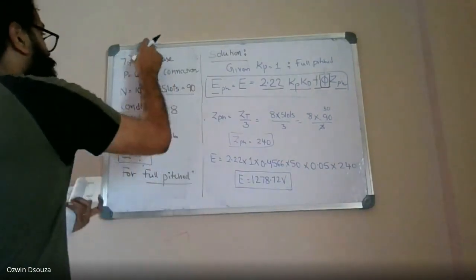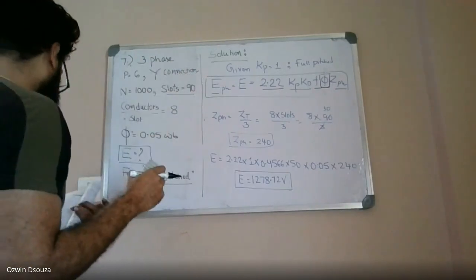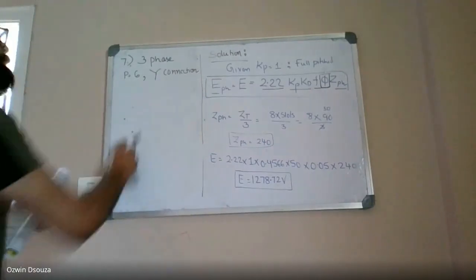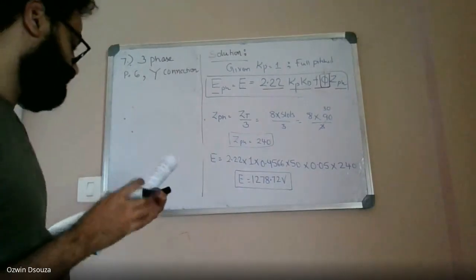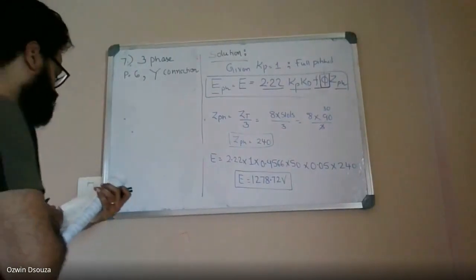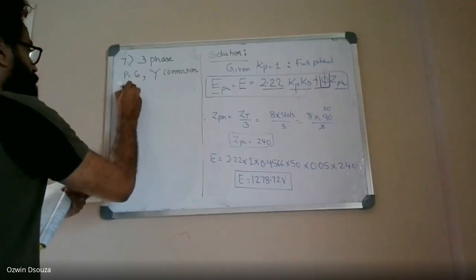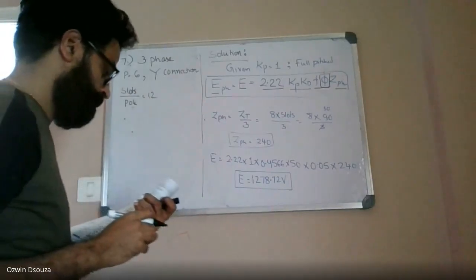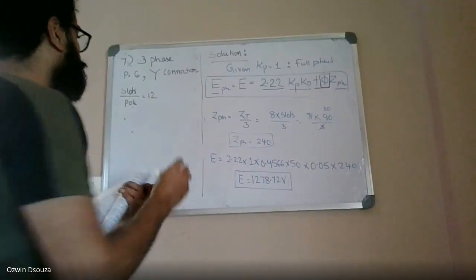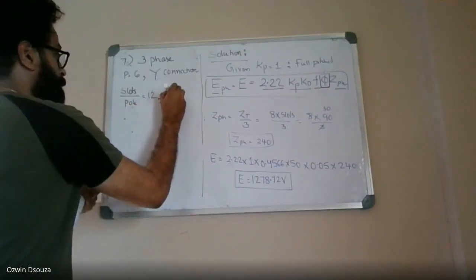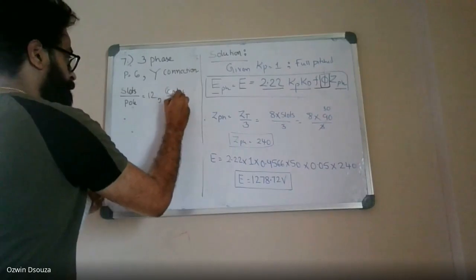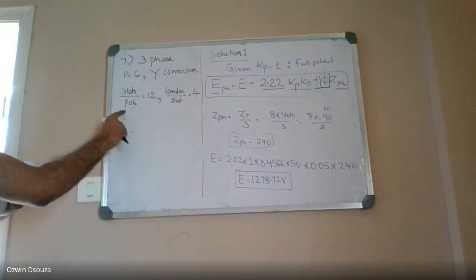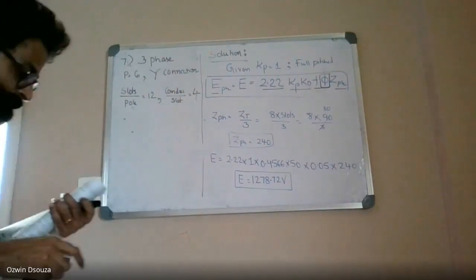A 6-pole, 3-phase, star-connected alternator has 12 slots per pole and 4 conductors per slot.